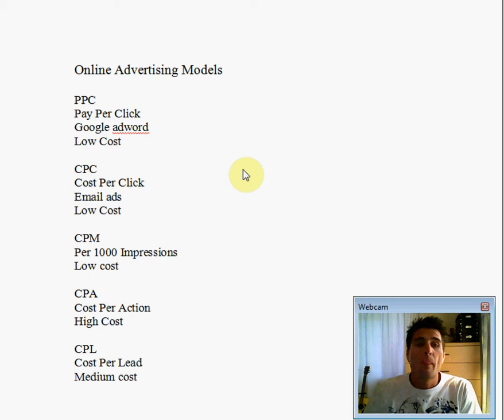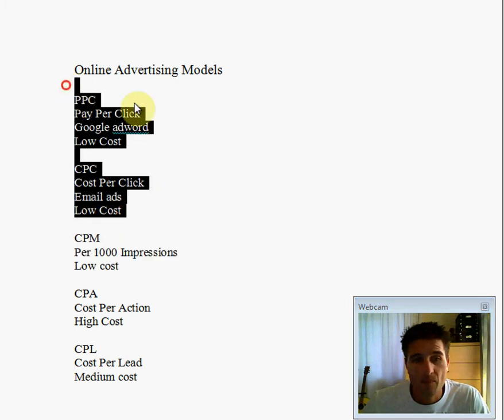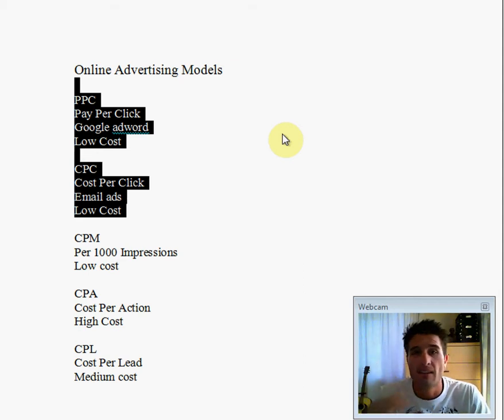So let's get started. PPC and CPC, these are both pretty much the same. You're paying per click. So every time someone clicks on your ad or clicks on your email link or anything like that, you are paying for that click. Okay. Now the difference between them is pay-per-click is usually used with Google AdWords and those sort of platforms, where CPC is usually dealing with solo ads, email ads, displays, those sort of things.